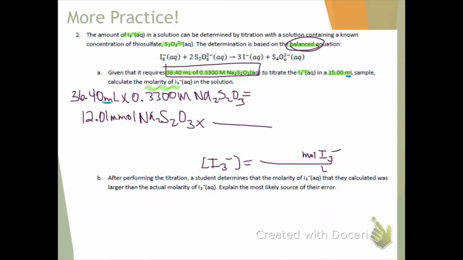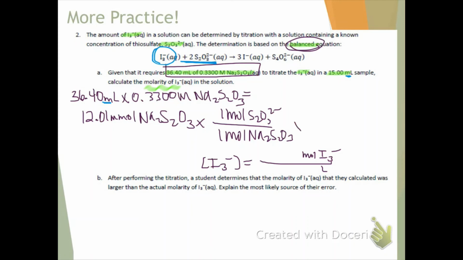We need to go from this sodium thiosulfate to our I3-. When I look at my balanced chemical equation, it has I3- to just the thiosulfate ion ratio. So our first step in our stoichiometry is going to be getting to just the thiosulfate. Every 1 mole of sodium thiosulfate is going to have 1 mole of just the thiosulfate ion.